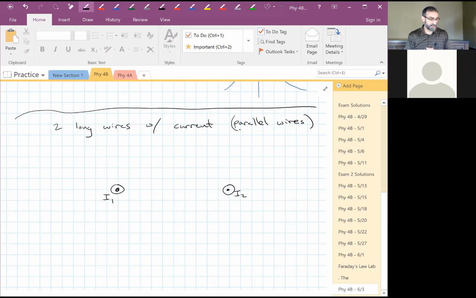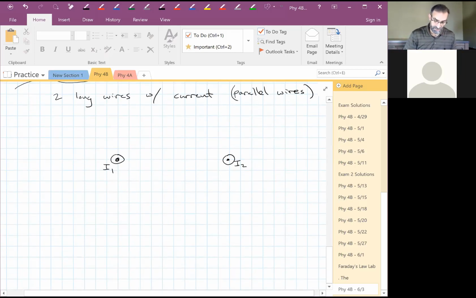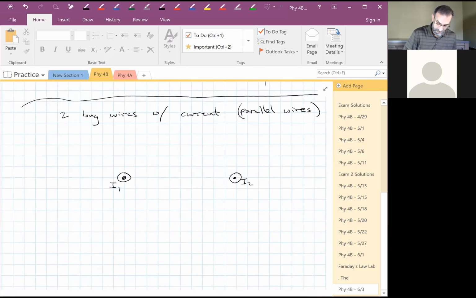So let's think it through. Let's say wire 1 is filling the space around it with a magnetic field. Of course, they both are, but we can do it one at a time. So wire 1 fills the space around it with a magnetic field. That means that we've got a magnetic field that looks like this.